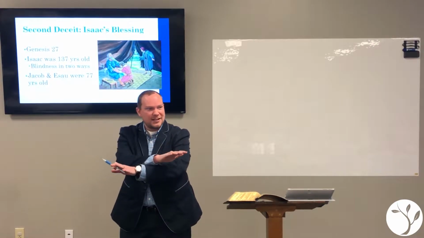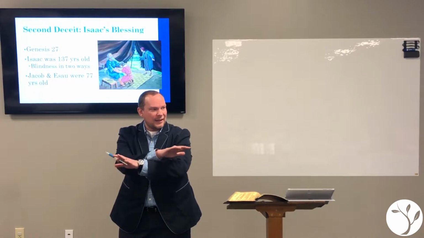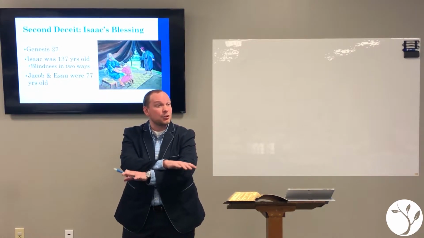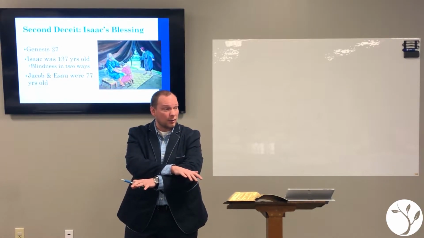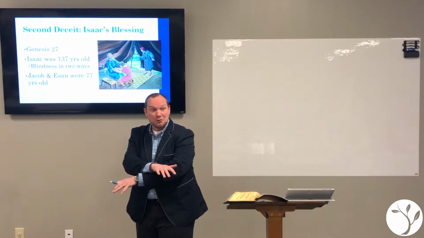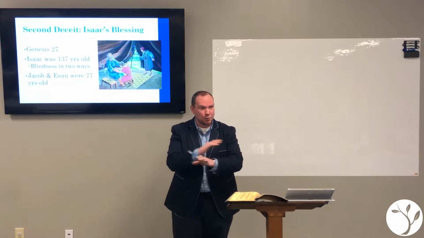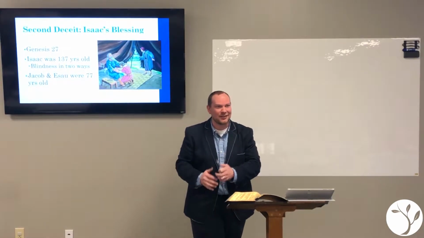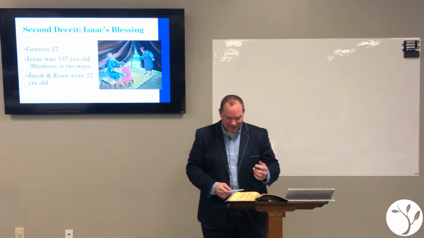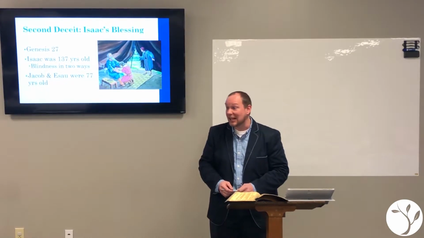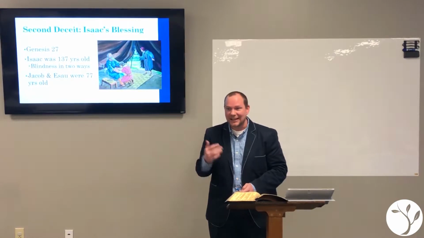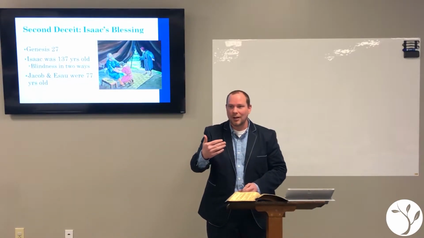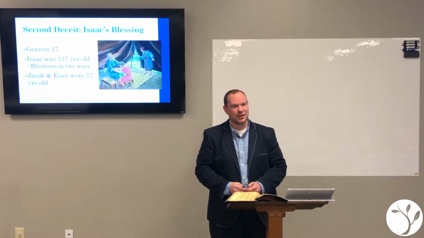Jacob crosses his arms and gives the greater blessing to Ephraim, the younger of the two. And then Joseph actually brings this up: Father, you're doing this wrong. Manasseh is the older one. He's supposed to get the greater blessing. And Jacob says, no, this is the way I intend to do it. And he gave the greater blessing to Ephraim, the younger of Joseph's two sons.